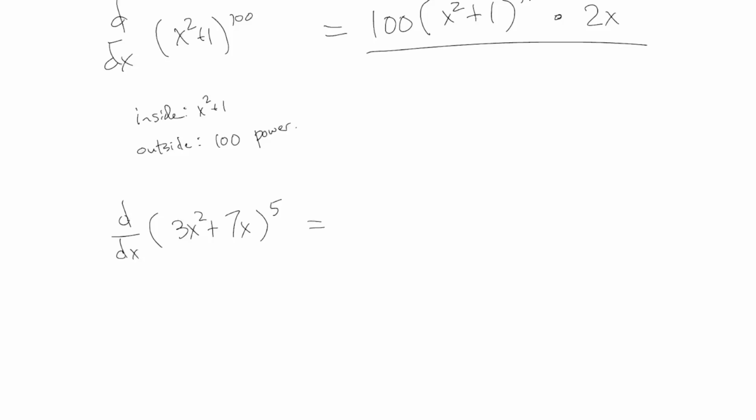The outside part is the 5th power, right? So I'm going to do the derivative of the outside part, the 5th power. The 5 comes down here with the same thing on the inside. And then you decrease the power by 1 to make it 4. So that much is the derivative of the outside with the same thing on the inside. And then I say plus, not plus, times the derivative of the inside.